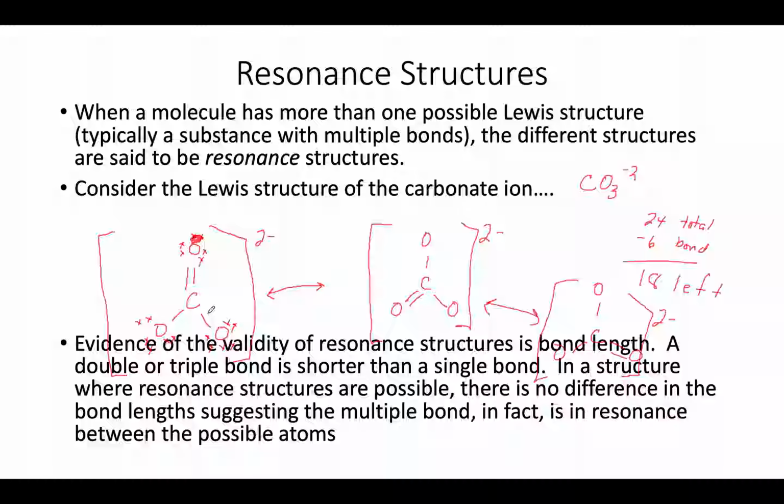So it's known what the bond length is for a single bond between carbon and oxygen, and a double bond, and a triple bond. Yet when the bond lengths in the carbonate ion are measured, all the bonds are exactly the same length. And not only are they all exactly the same length, they're all a little bit longer than a carbon-oxygen double bond and a little bit shorter than a carbon-oxygen single bond.